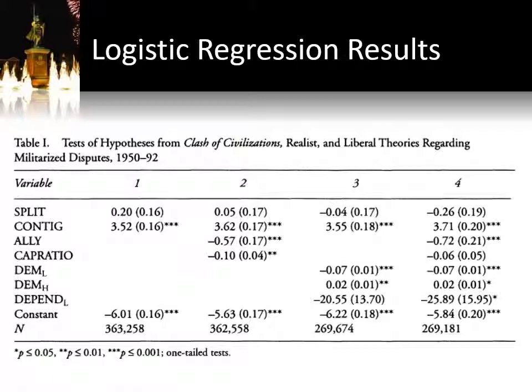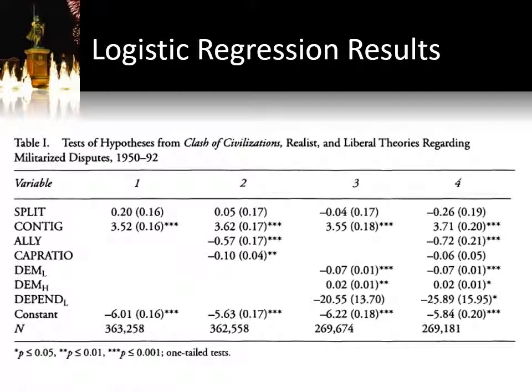Okay, you've seen this table before in the regression basics presentation, but to revisit it now, it makes more sense. Hopefully, the dependent variable is the occurrence of a militarized dispute, and we get that from the context of what we're reading. We've already defined all the variables, so now we know what they mean. Each column represents a different model. In the first column, we have the simplest one. Our authors put up contiguity versus the split between the civilizations of the nations.